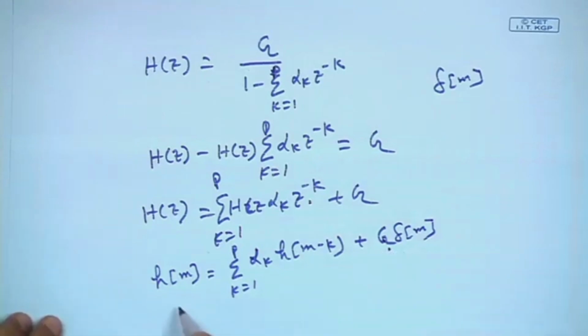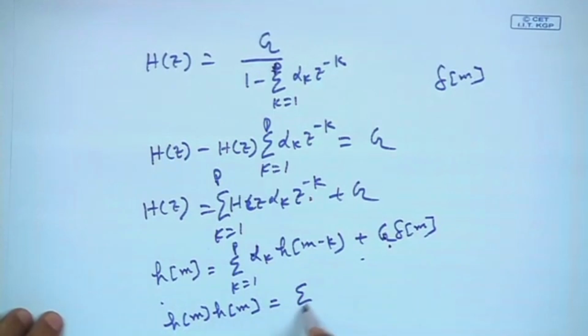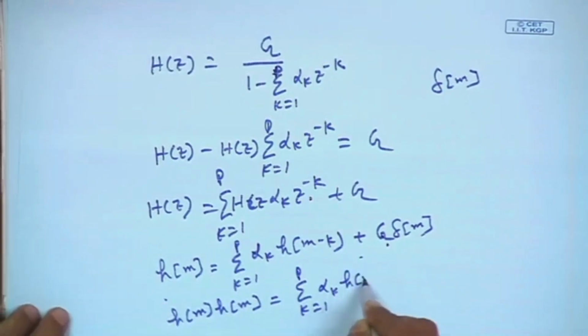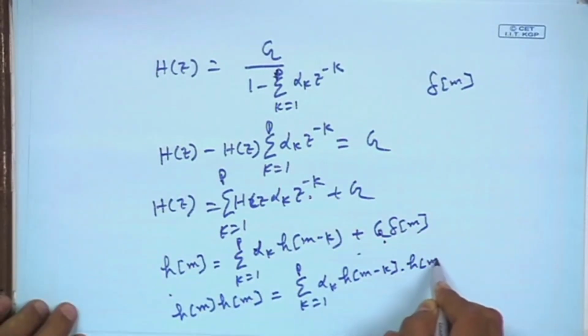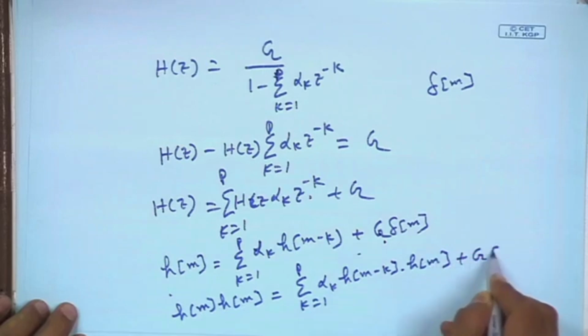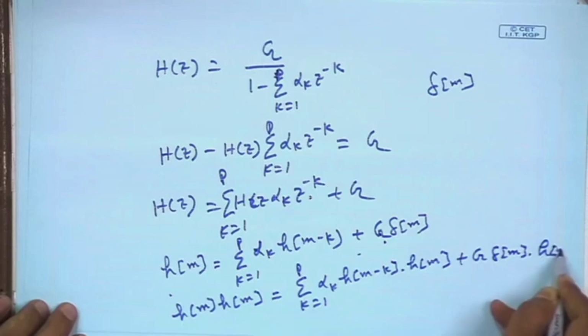Now, if I multiply both sides by h(m), I can say the sum over k equal to 1 to p of alpha k h(m minus k) into h(m), plus g delta(m) into h(m). Okay or not?